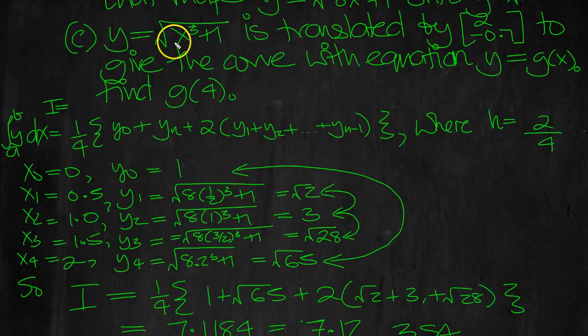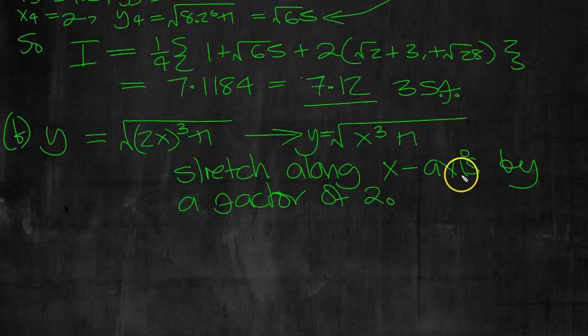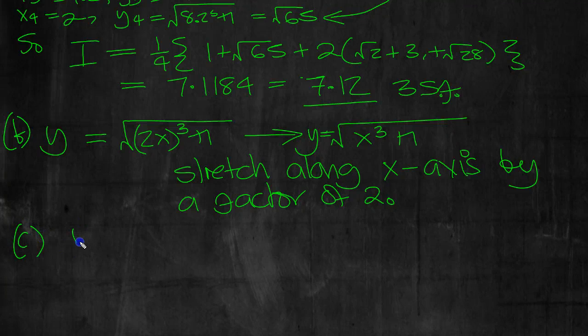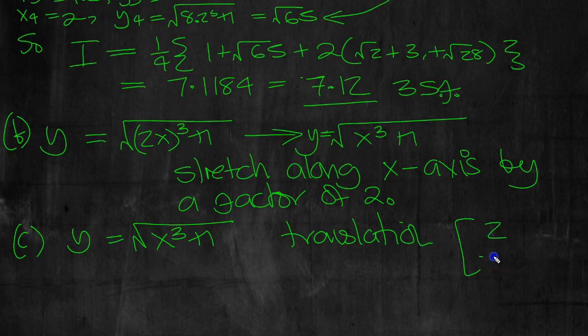So y equals the square root of x cubed plus 1 is translated by 2, minus 0.7 to give the curve with equation y equals g of x. Find g of 4. Let's write it down first of all then. y equals the square root of x cubed plus 1, translation by 2, minus 0.7.